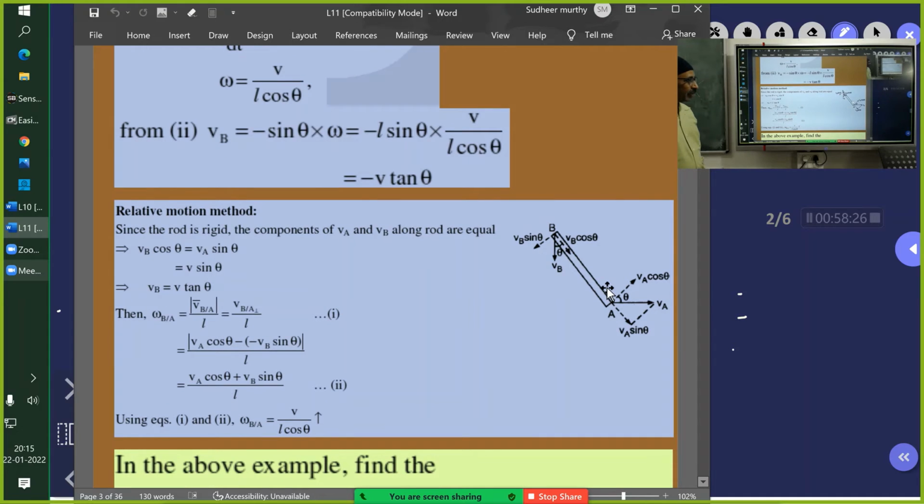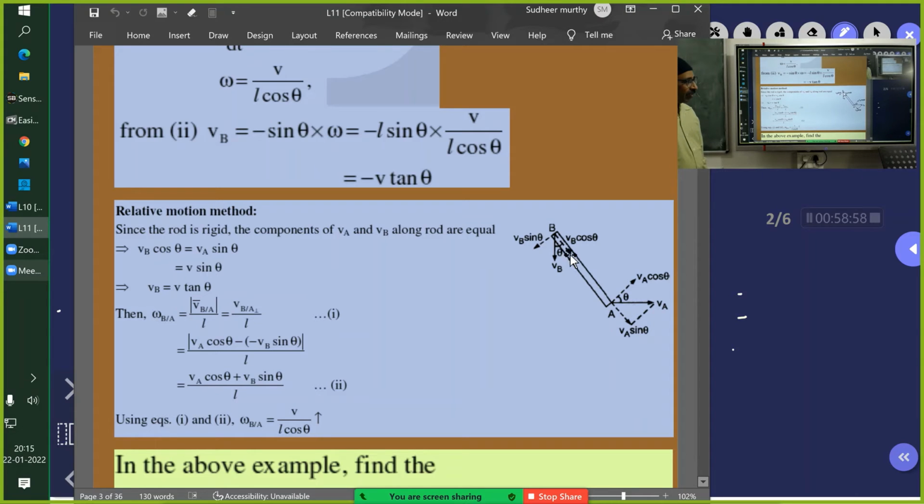Now I am giving one more perspective to this. See, this ladder I am now showing as a free body diagram. Here VA is here, and as you know, VB is here. A common feature in rotational dynamics is that we take the vector components along the length of the rod. So the component of VB along the rod will be VB cos theta, and here VA sin theta.